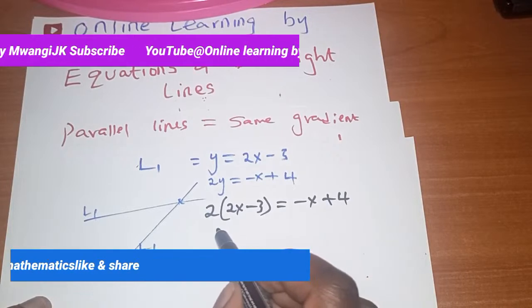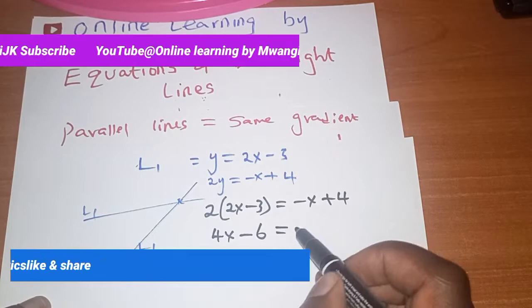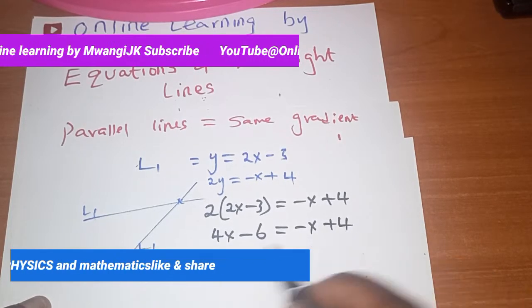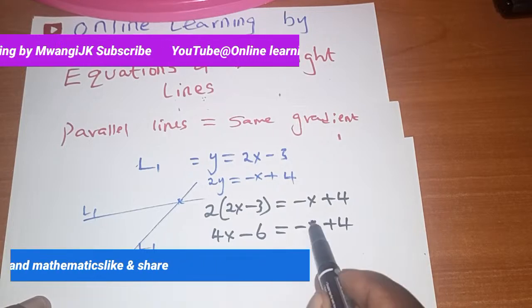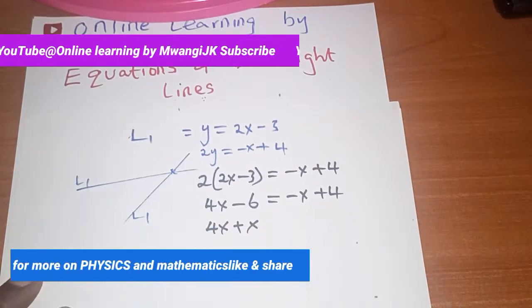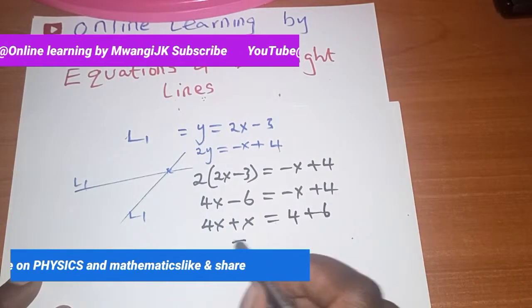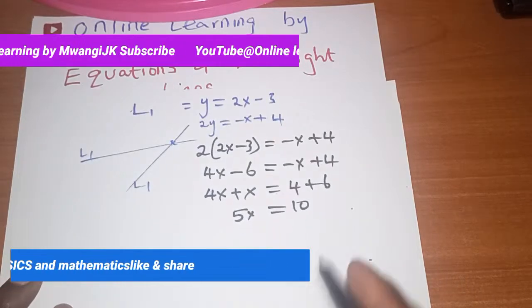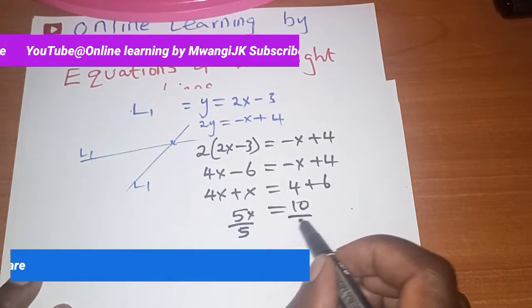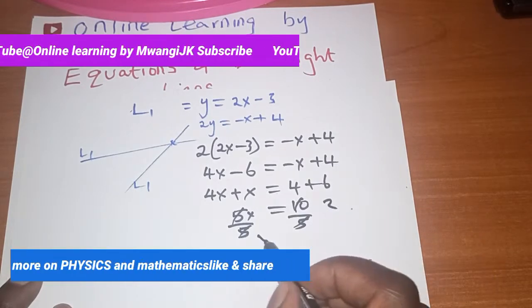Then I open the bracket, I have 4x - 6 is equal to -x + 4. And then I collect the like terms, 4x + x, when you take this to the other side, and this is equal to 4 + 6. So this is 5x being equal to 10, dividing by 5 and by 5, we get x is equal to 2.